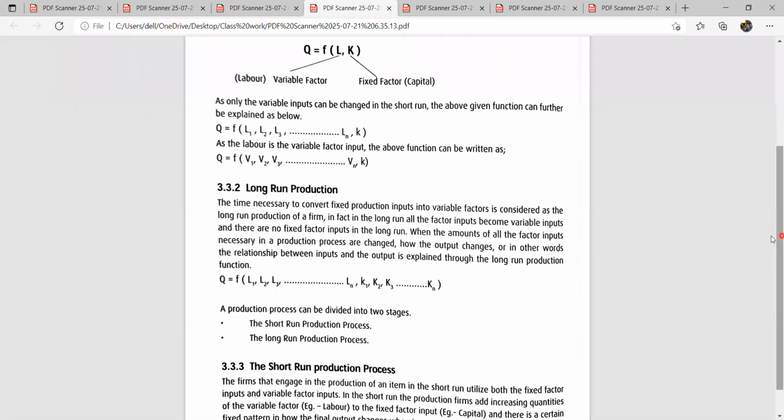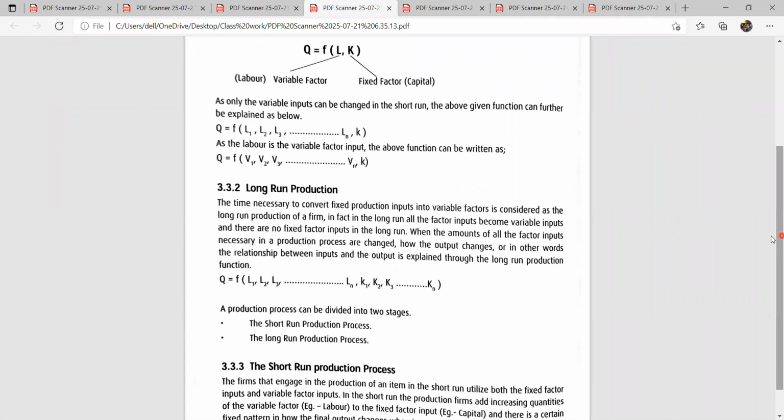So it says the time necessary to convert fixed factors into variable factors is considered as the long run of a firm. In fact, in the long run, all the factor inputs become variable inputs, and there are no fixed factor inputs.